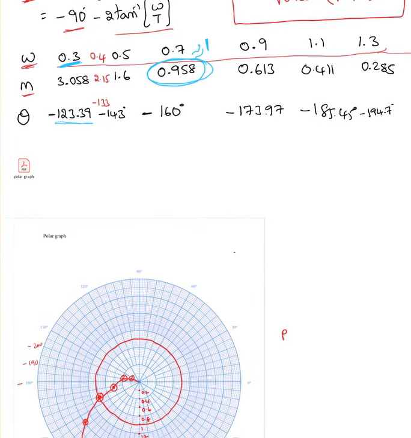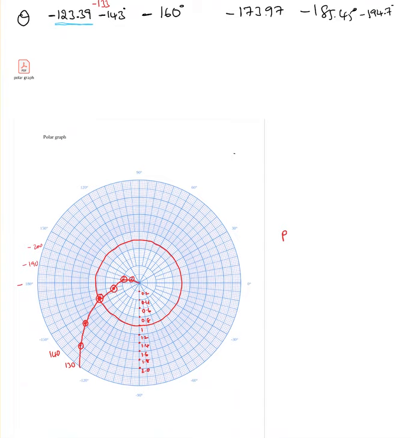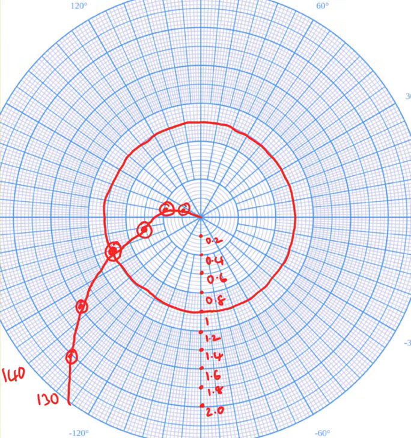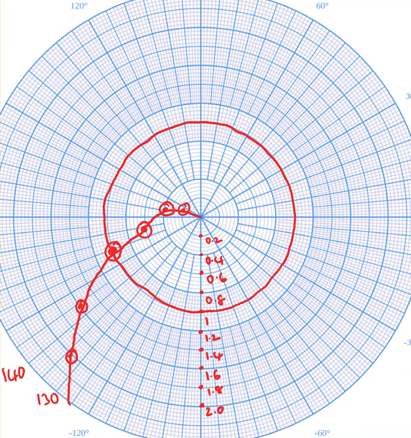Now, what is the polar plot? This polar plot is going to be a little bit different. It looks like a circle. Let me make it a little bit bigger. Let me use a different color. If you look at the circle, I'm choosing the magnitude spacing as 0.4.